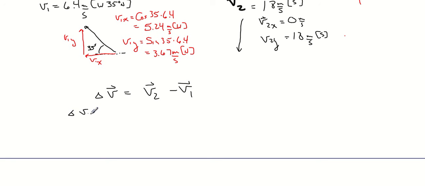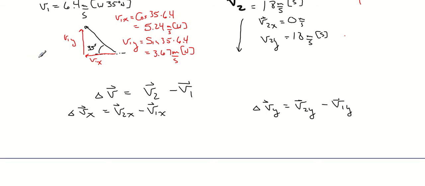So we're going to need to find delta vx, and delta vx is equal to v2x minus v1x. And we're also going to need to find delta vy, which is equal to v2y minus v1y. And all of those should have vector hats as well.